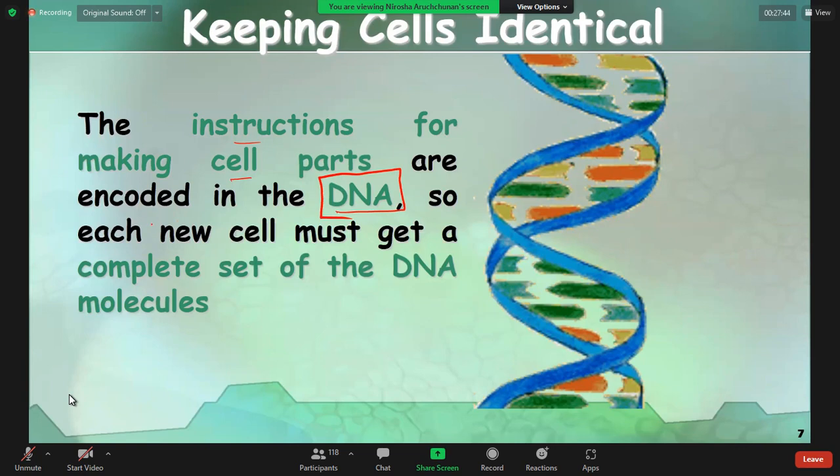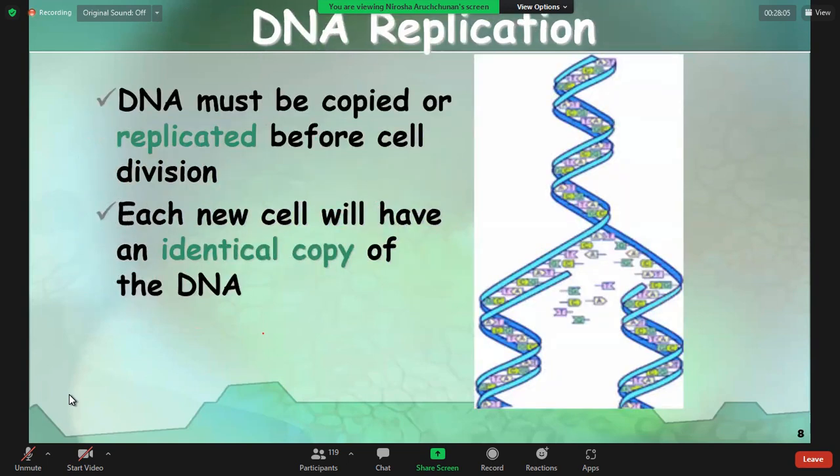So each new cell must get a complete set of the DNA molecules. First, this DNA molecule comes to these new cells, which has all the coding the same as the parent cell. Right, and we will see the DNA replication.